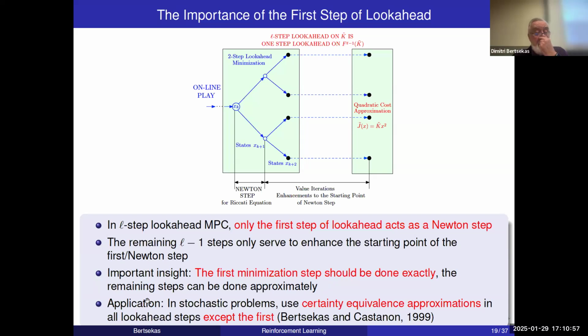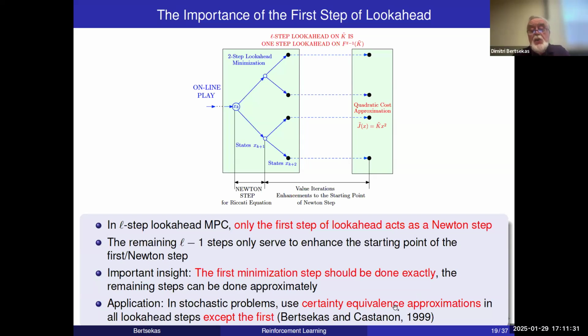In particular, let's suppose that you have a stochastic problem, not a linear quadratic problem, but a stochastic problem. Each step of look ahead in stochastic problems costs a lot because the look ahead tree increases much faster, due to the fact that you have to take into account the stochastic disturbance. Now, the look ahead tree would be simplified a lot if you were to replace it with a thinner tree involving deterministic transitions. And how do you do that?